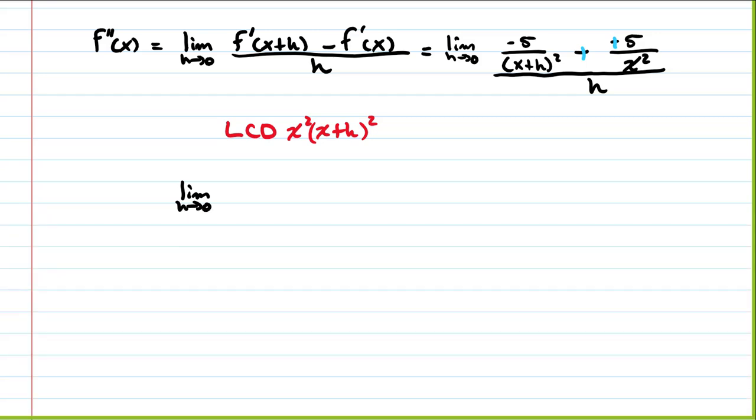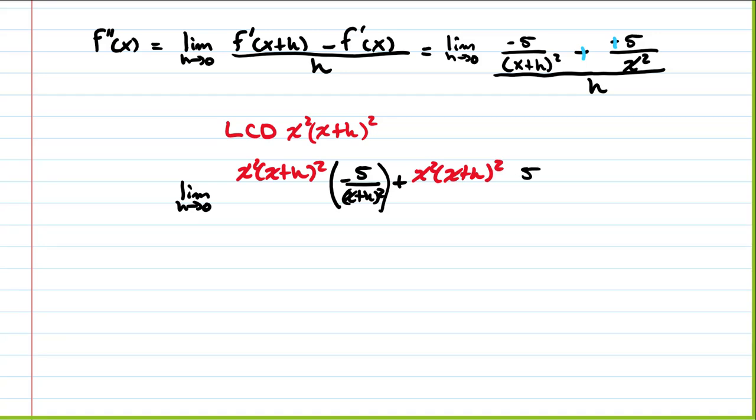And we get x squared times x plus h squared times negative 5 over x plus h squared plus x squared times x plus h squared times 5 over x squared, whole thing over x squared times x plus h squared times our h.